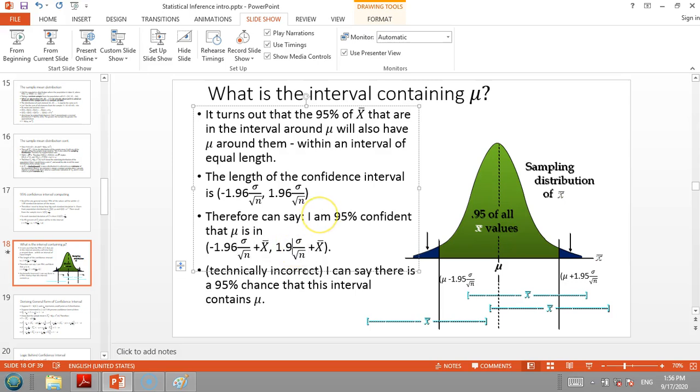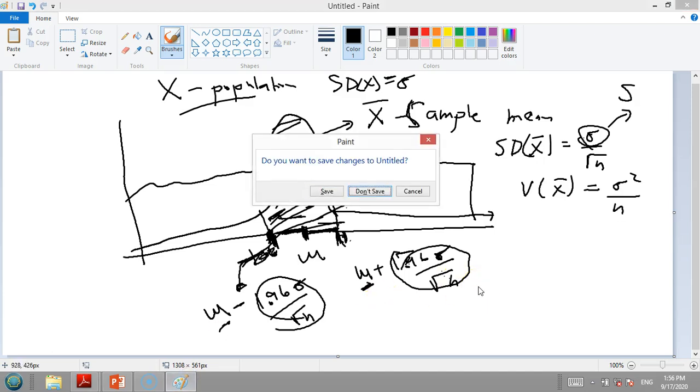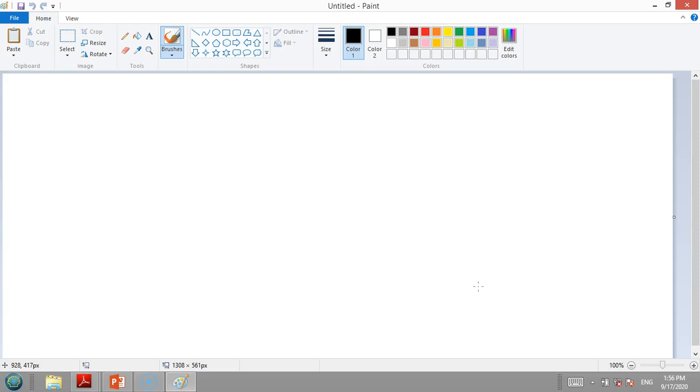Okay, so watch. What is this saying? This is saying that this is the distribution of x bar, just like I drew it, okay? So I want to redraw what's there and what this is saying exactly again, okay?